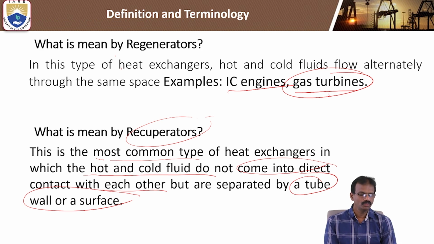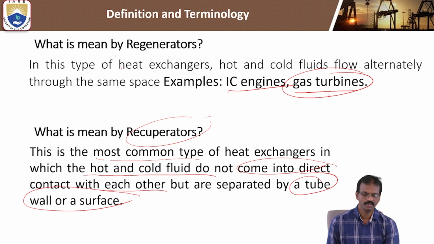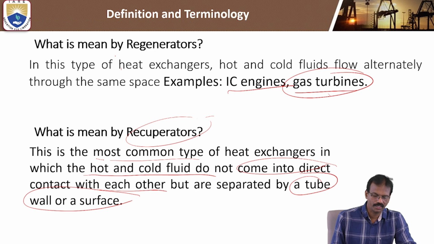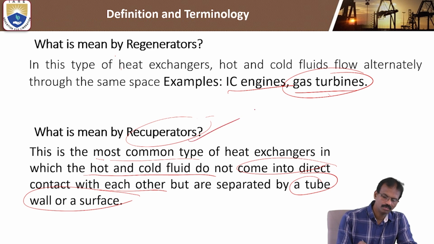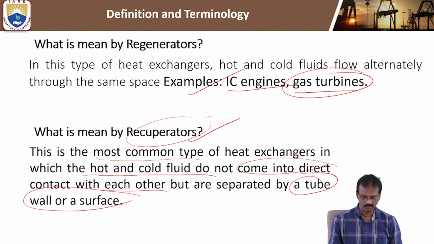So the examples of recuperators are the parallel flow exchanger, counter flow exchanger, and cross flow exchangers. All these belong to the recuperator type of heat exchanger. Regenerators, we already explained this one.